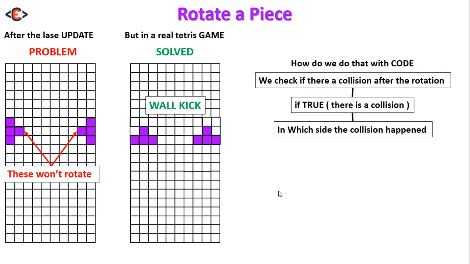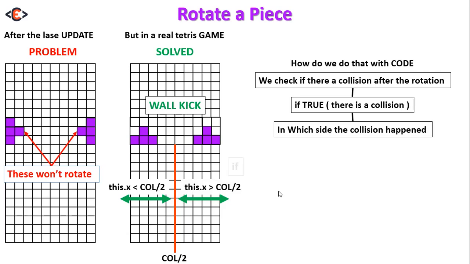Here is the column divided by 2, the middle of the board. Every piece in this place has an x position less than column divided by 2. In this position, every piece has an x greater than the column divided by 2.